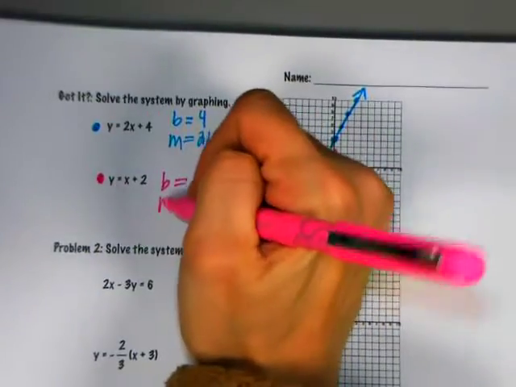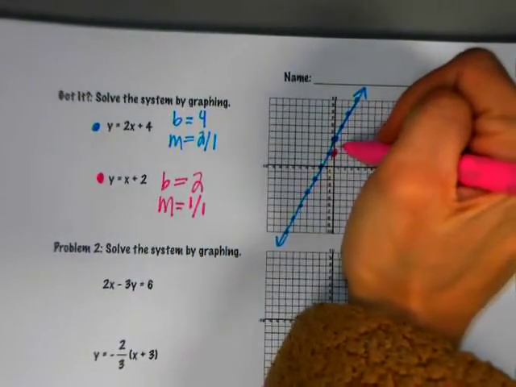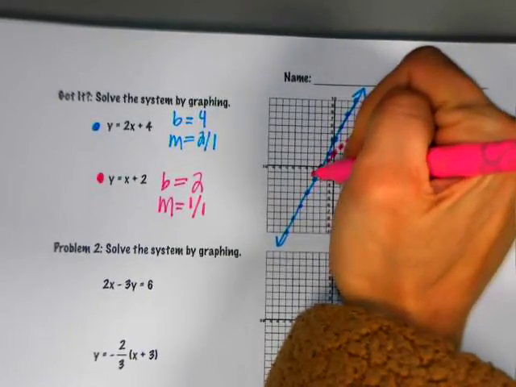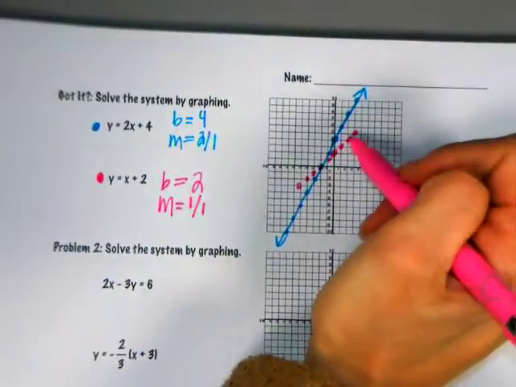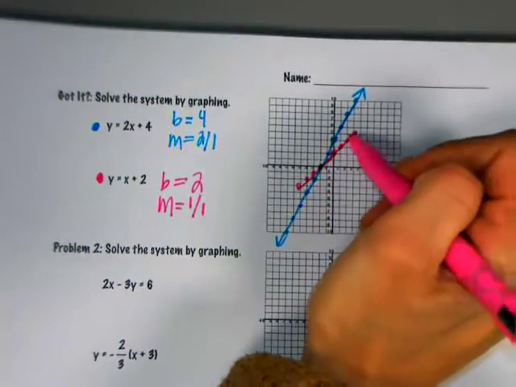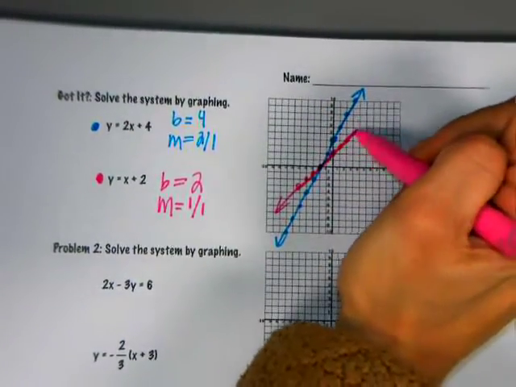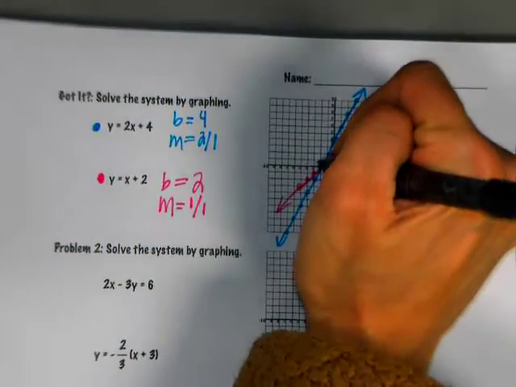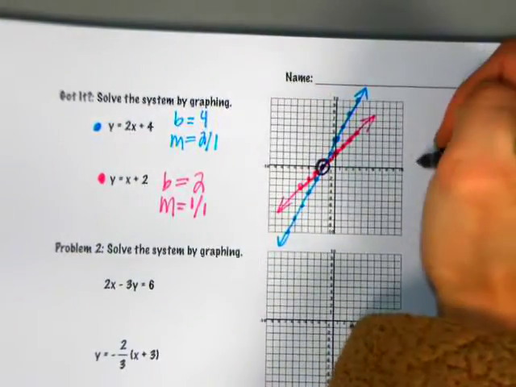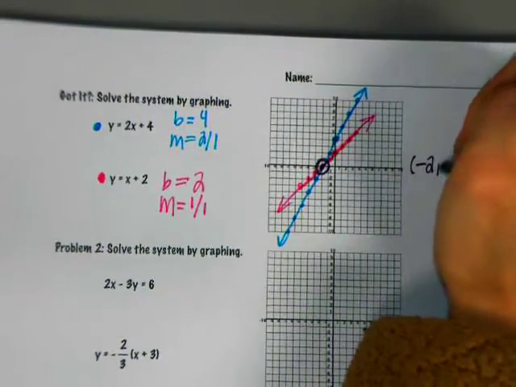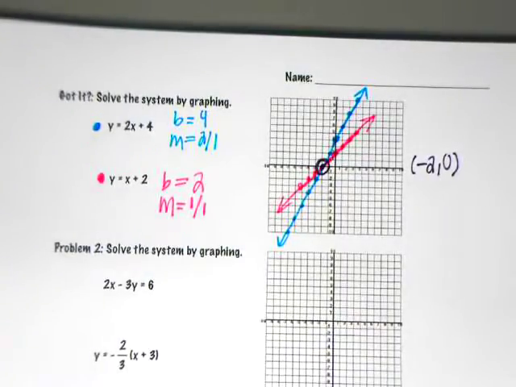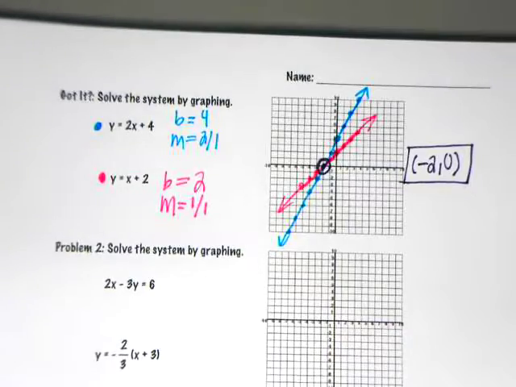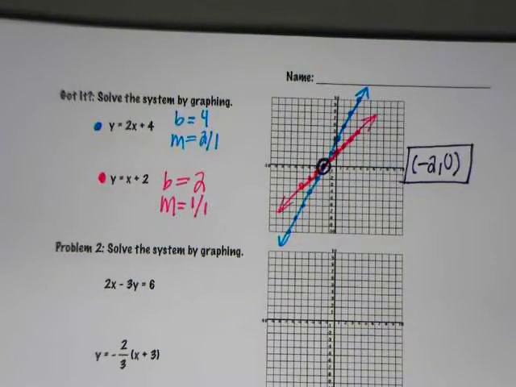And my slope? 1 over 1. All right, so it looks like you get this point right here, which is what? Negative 2, 0. Yep. Yeah, where they cross, yeah.